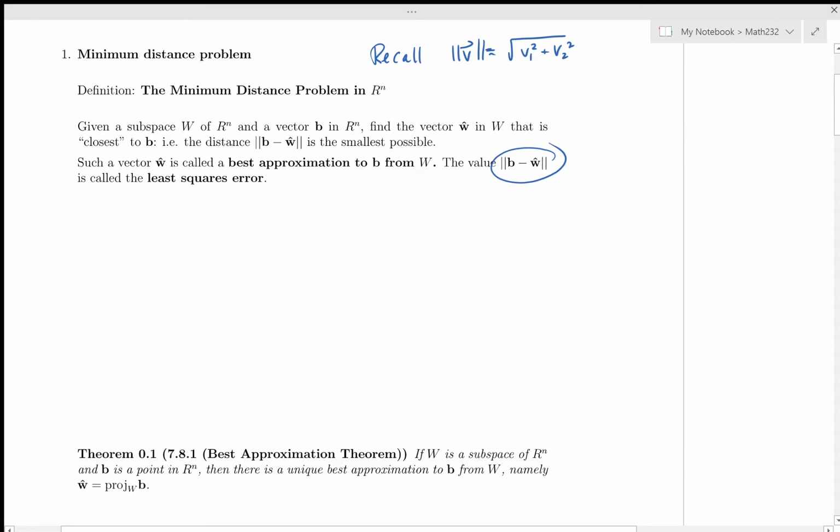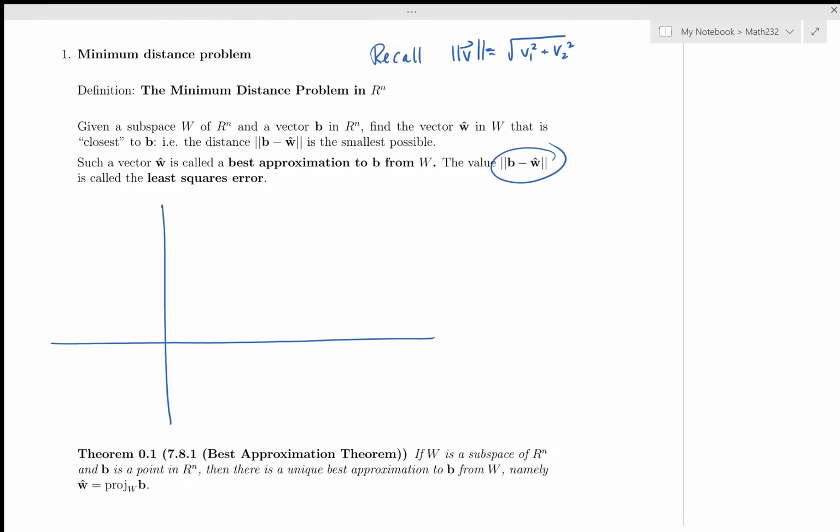So let's just see an R2 example. Okay, we have our axes. I'm going to make a subspace of R2, W. This subspace is a line through the origin. That's a subspace of R2.